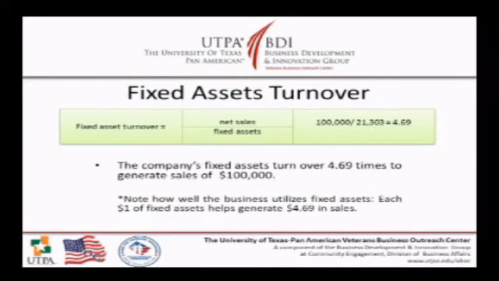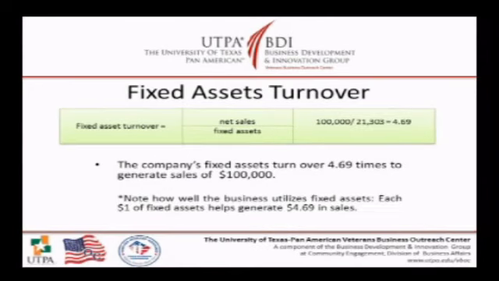And that means the fixed assets turn over 4.69 times to generate sales of $100,000. Basically here, you can see the note at the bottom. Note how well the business utilizes fixed assets. For each dollar of fixed assets, it helps the business generate $4.69 in sales. Okay? It's another way to look at it.